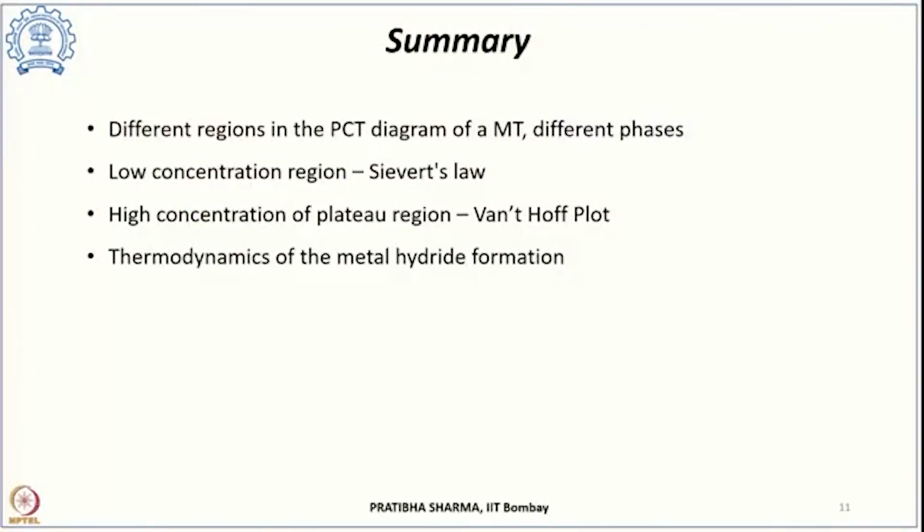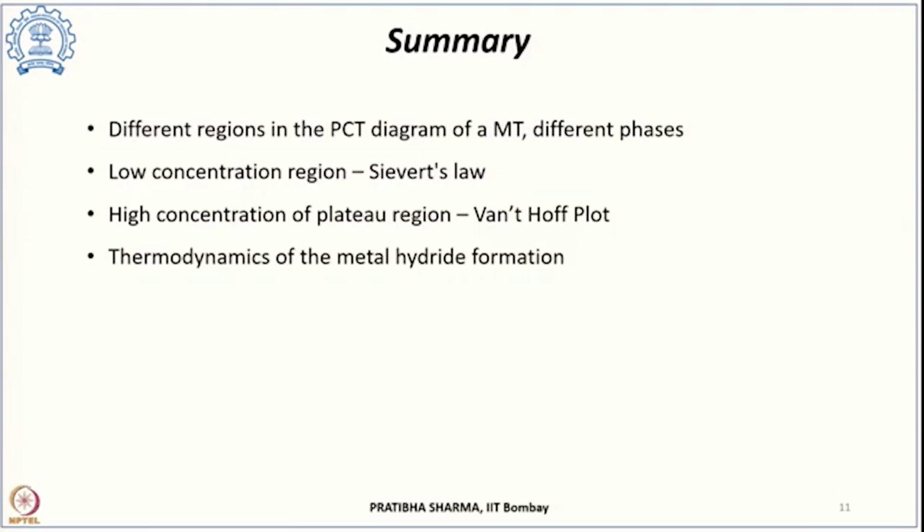Several DFT calculations can be done for band structure calculations, to find out the heat of formation and different properties, like mechanical properties or other properties of the metal hydride. So, to summarize this portion, we have seen that there are different regions in the pressure composition temperature isotherm: the alpha phase, alpha plus beta phase, and beta phase.